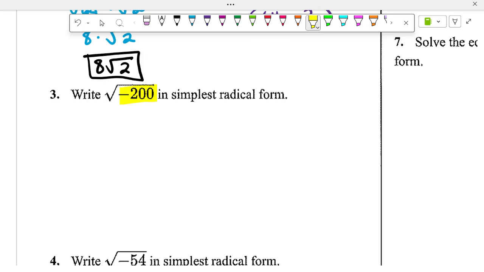Not real. It says not real because it's not a real number. It doesn't exist. Well, it is an imaginary number. It's just not in the real number family. So, yes, there are imaginary numbers. Does anyone remember what I do? We still simplify the 200 like we've been doing. But what do you think I have to do with that negative? Take an i out. Good.